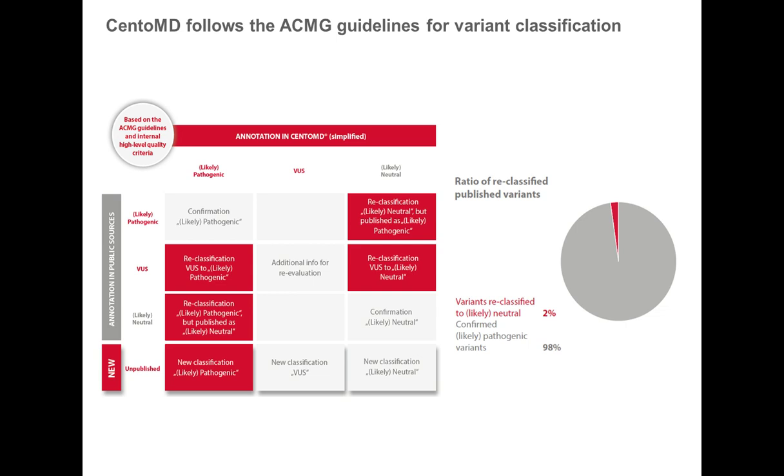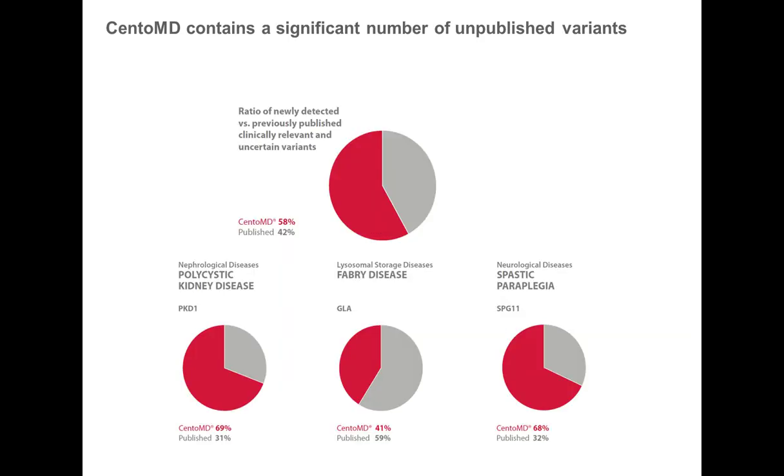As I said, the lab directors classify all these variants based on established ACMG guidelines, based on looking at public sources, but also their repository of unpublished data as well. And they get updates every quarter, and those updates really can also result in reclassification of past variants, and typically it's around 2% that get reclassified.